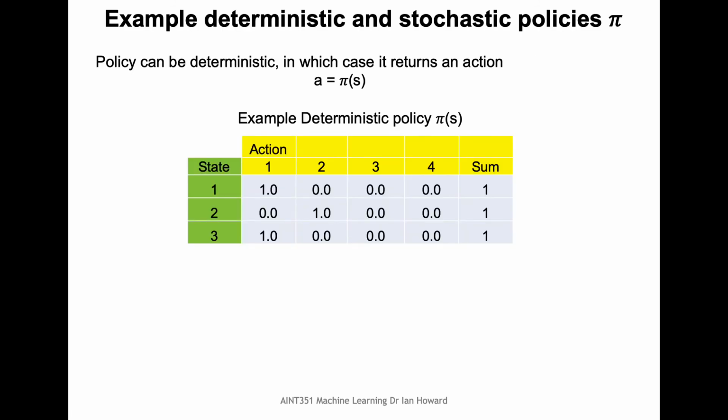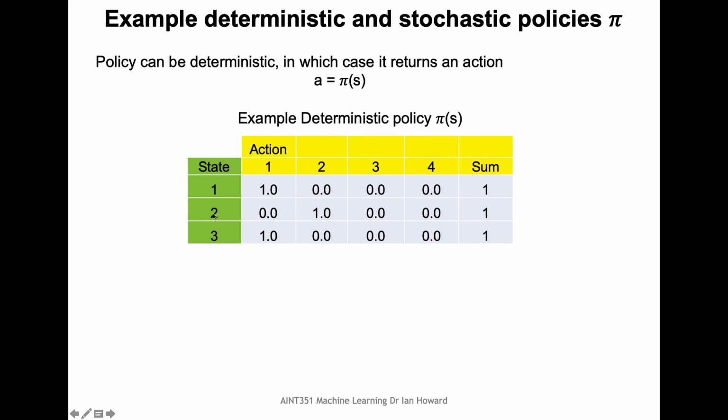So here's an example of a deterministic policy. A is given by pi of s, in which case basically the policy returns the action we should take. So given that we're in state 1, we'd want to take action 1 with probability 1. So in other words, we want to take action 1.